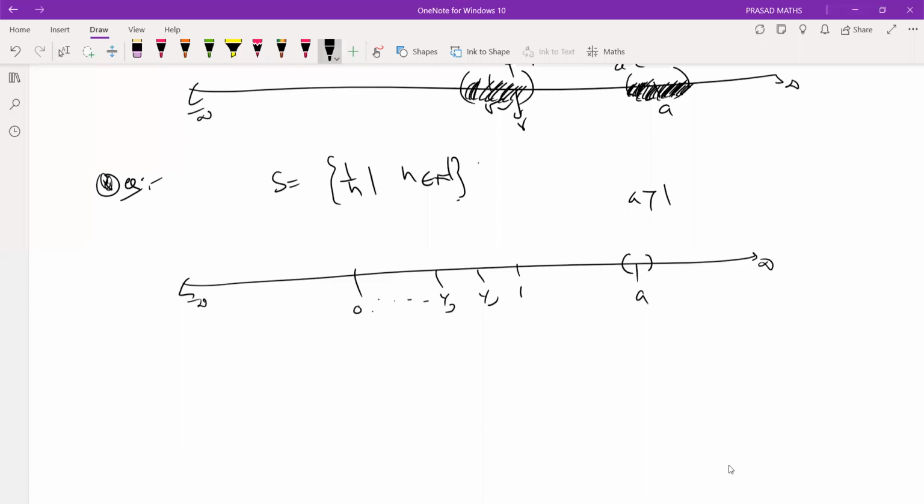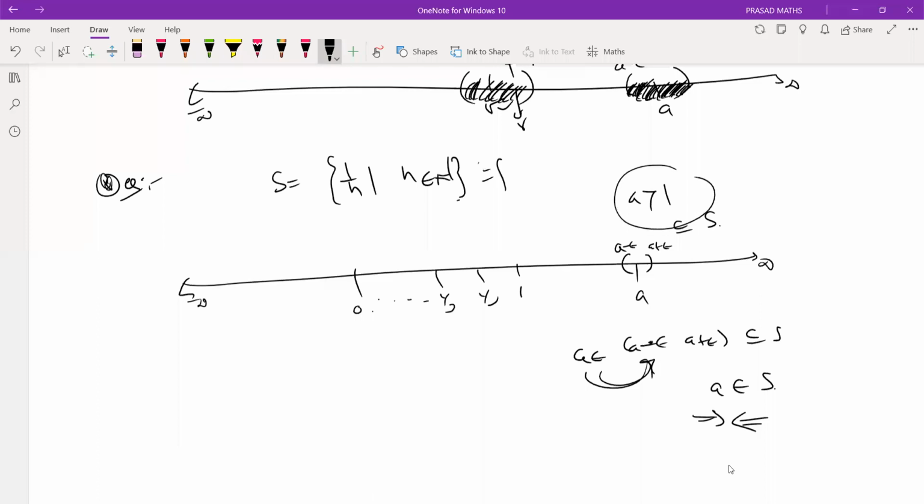Because if such a neighborhood is there, that neighborhood should be contained in S. Therefore, A is in A minus epsilon, A plus epsilon, so A would be in S. But is it possible A is in S? No, because A is bigger than 1. The members which are in S are nothing but 1, 1 by 2, 1 by 3, 1 by 4, going on. How can you say that a number bigger than 1 is in S?